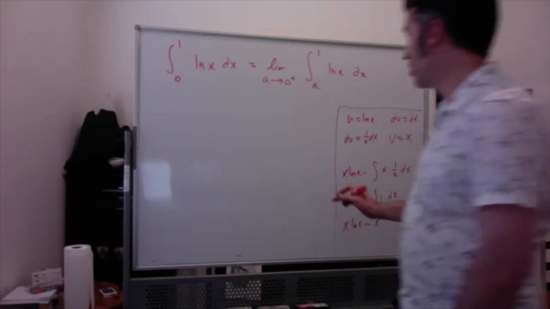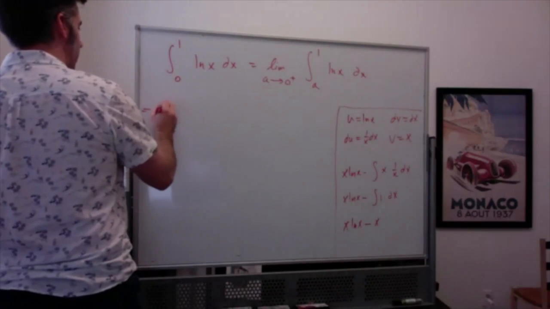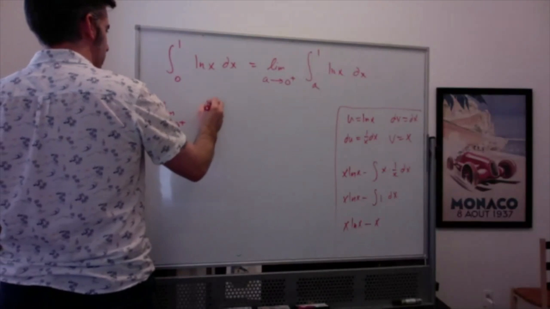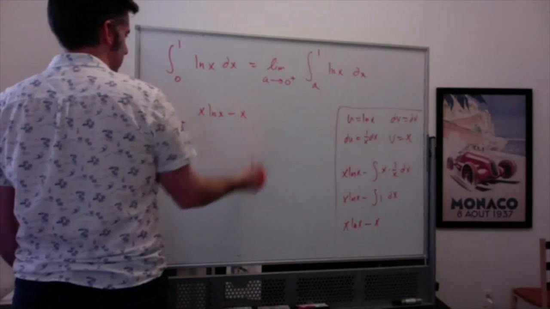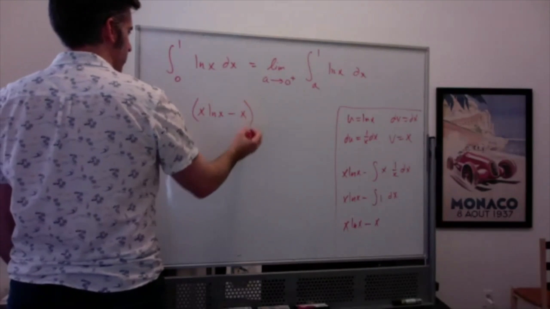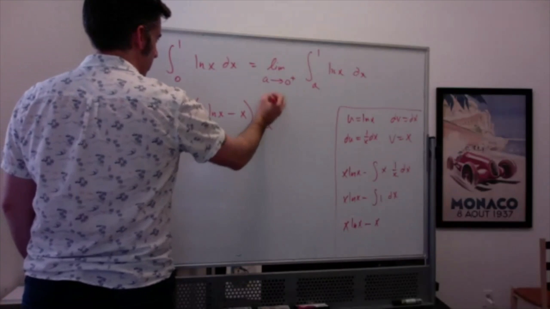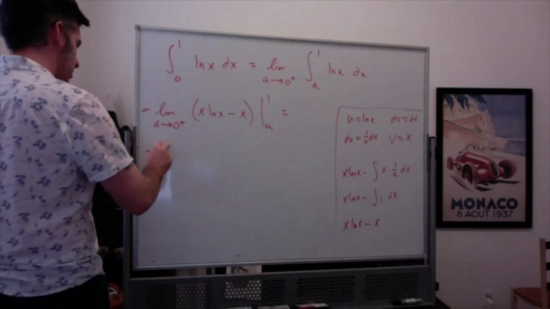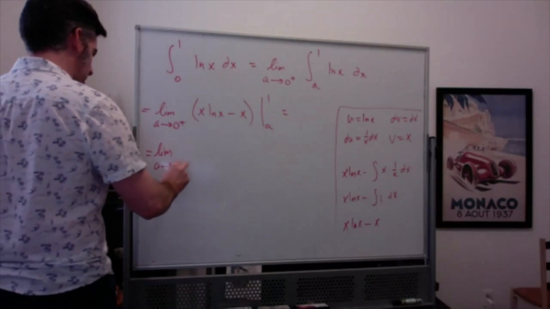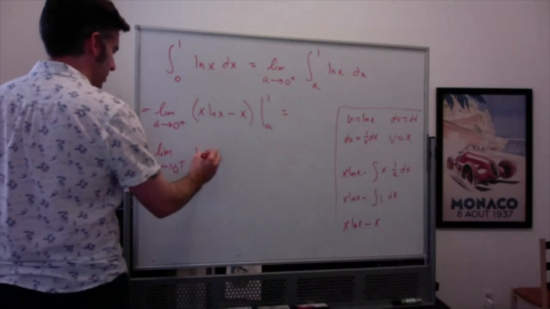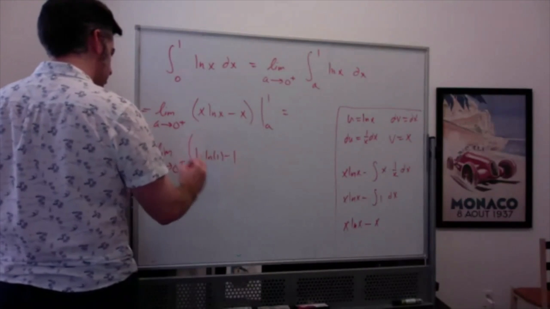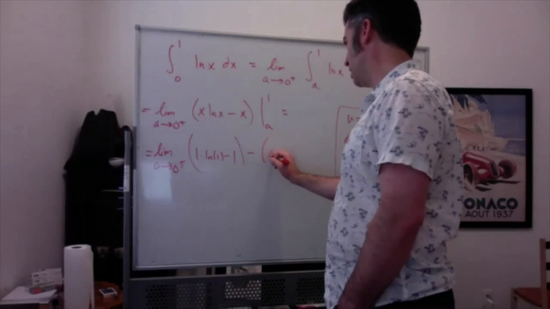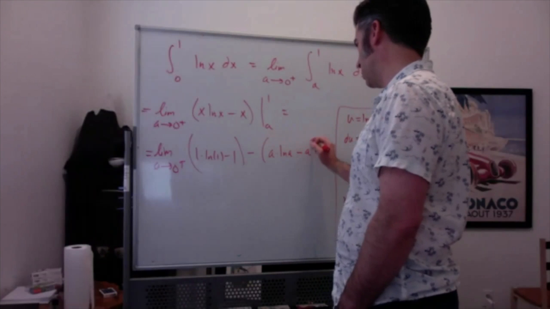Okay, so here's what we get. We get the limit as a goes to 0 from the right of x natural log of x minus x from a to 1. Okay, so I'm going to plug in 1. We get 1 times natural log of 1 minus 1, minus a times natural log of a minus a.